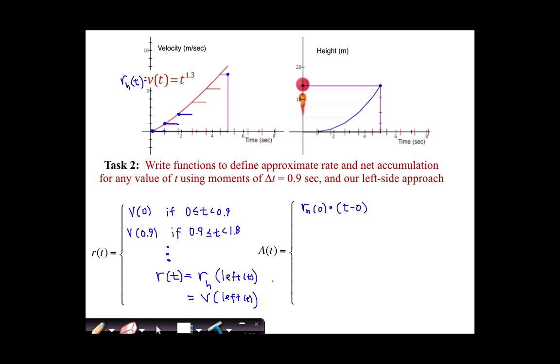And this would be the formula I use, which I could also call left of t, but it's only left of t if t is between 0 and 0.9, right?